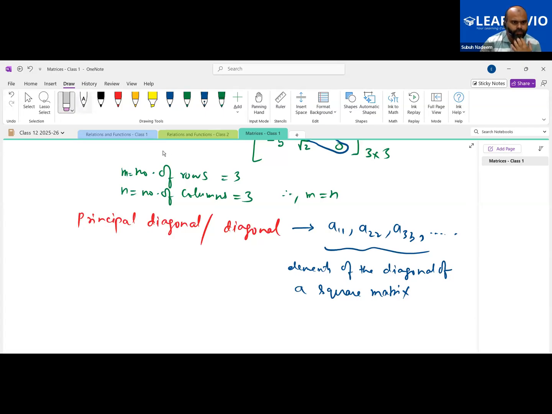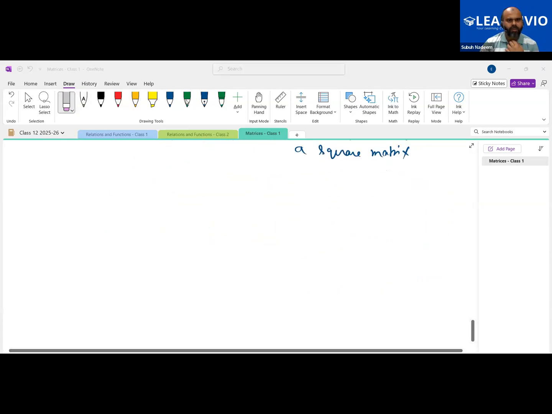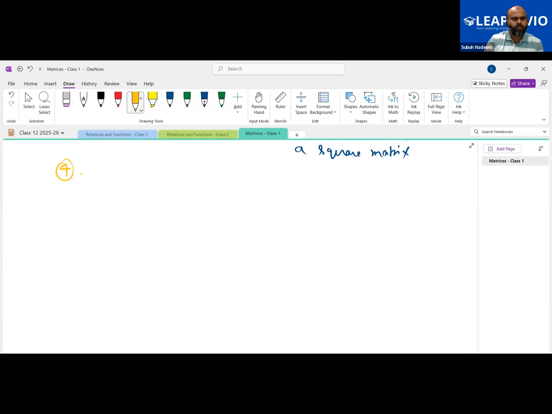Fine. Now these three types of matrices we have studied. Then we have the fourth type of matrix, which is called a diagonal matrix. So what is a diagonal matrix?